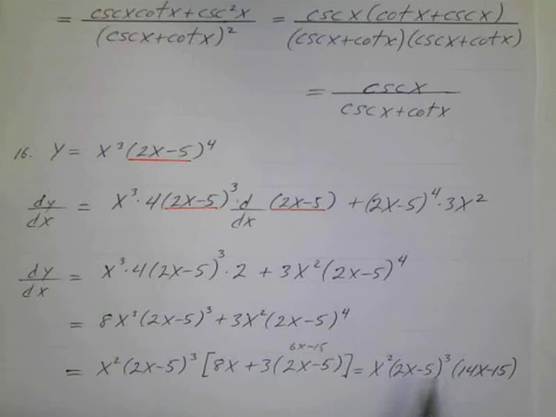Now, I was kind of running out of room, so I kind of combined steps here. If I multiply this out, I get 3 times 2x is 6x. 3 times negative 5 is negative 15. So I have 6x minus 15, and so I can combine these. So this stays the same, this stays the same, but I'm going to combine this bracket and write it in this parentheses. So it's 8x plus 6x, 14x.